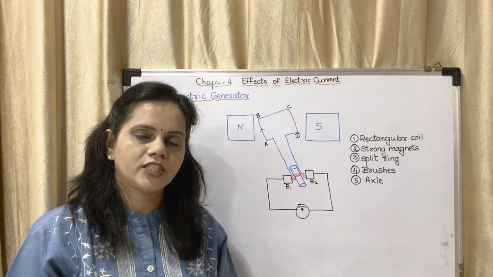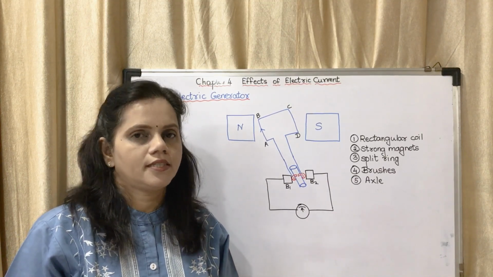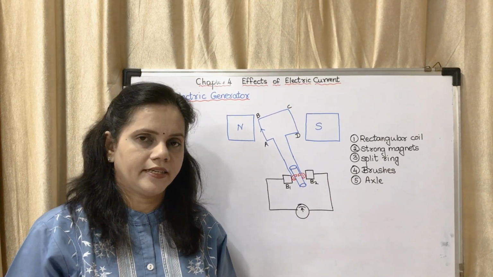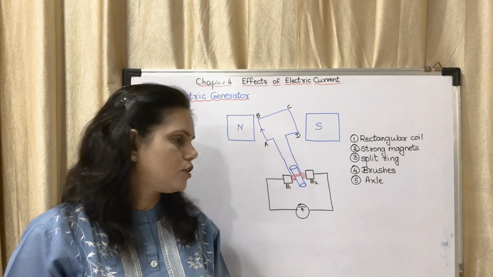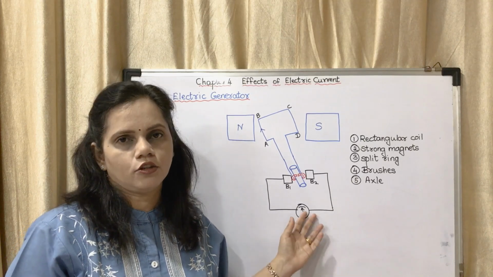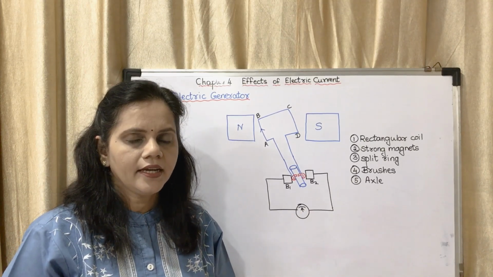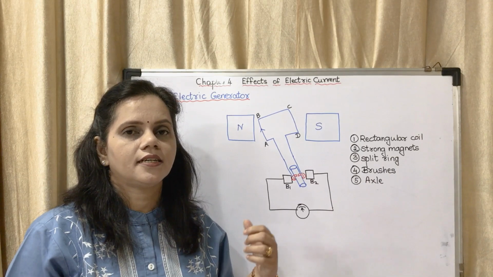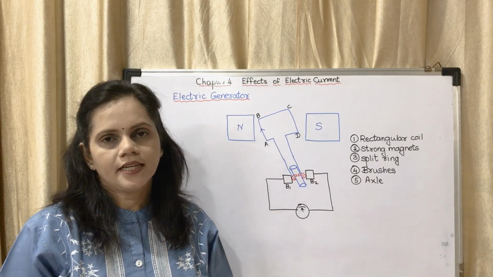When you have a question, you have to see whether it is a motor or a generator. If it is a generator, you don't draw the electric supply; it should be a galvanometer. If it is a motor, there should be an electric supply.